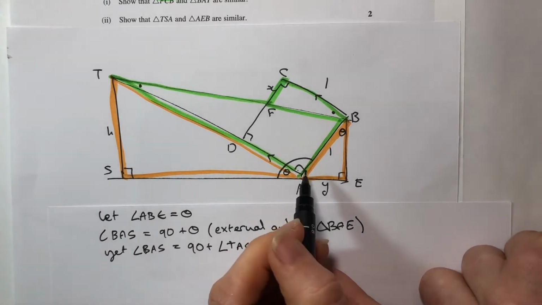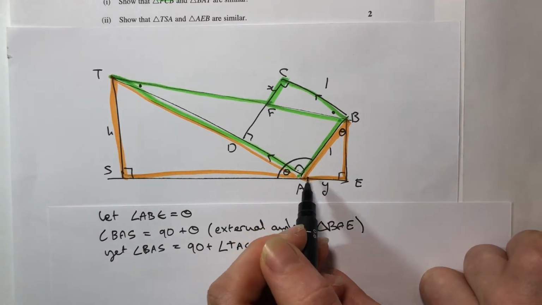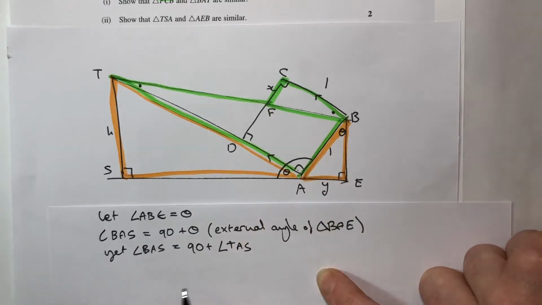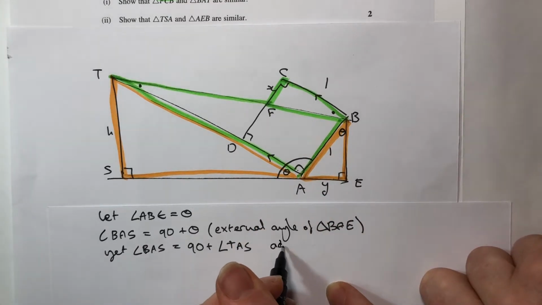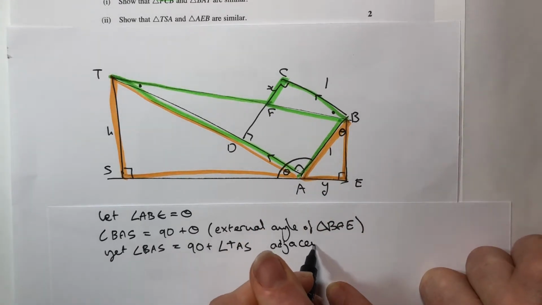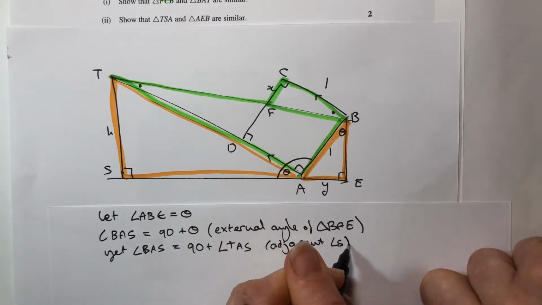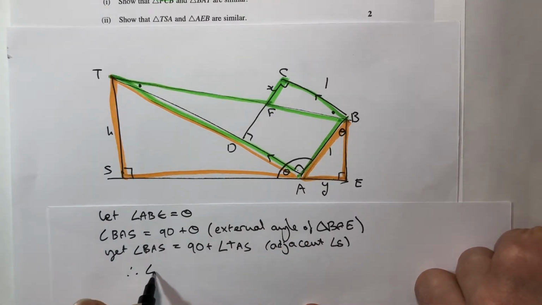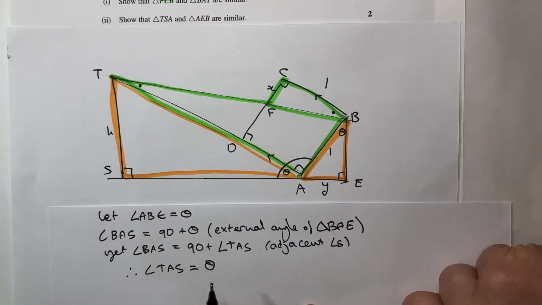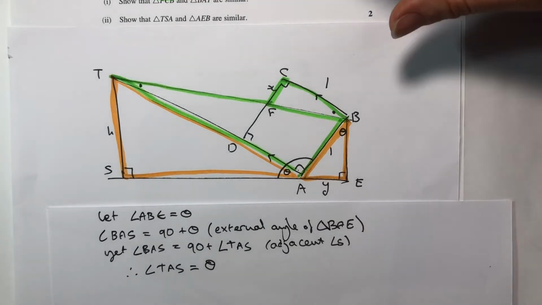And the reason it would equal 90 plus angle TAS is just because that's their adjacent angles. Therefore, angle TAS has to equal theta, as I've said that it equals 90 plus theta. Now I'm ready for my proof.